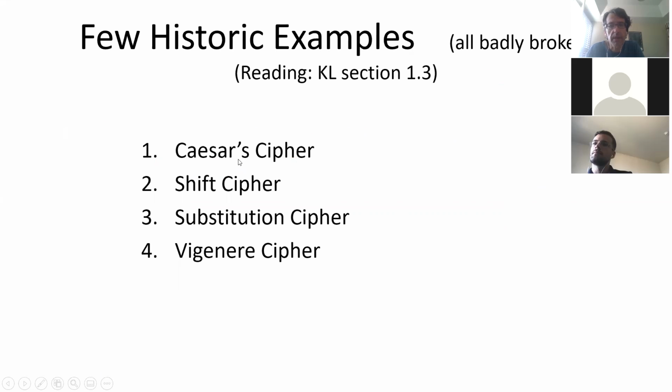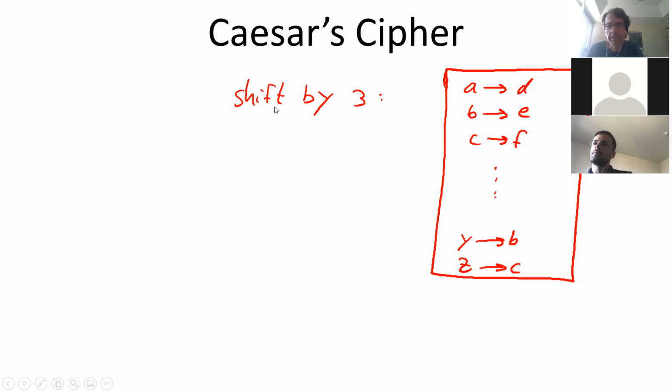So a Caesar cipher. It's really not a cipher because the key is public. The key is fixed to be 3. But this is something that you can teach to small children.